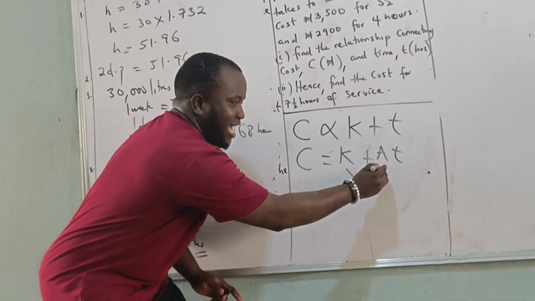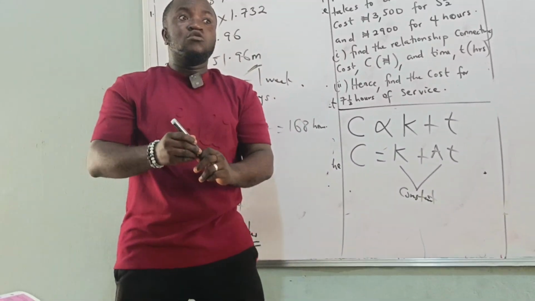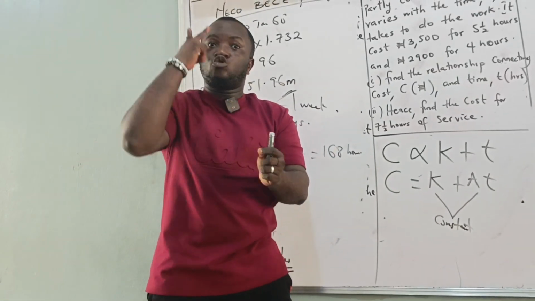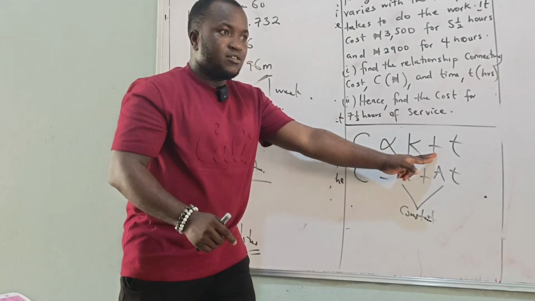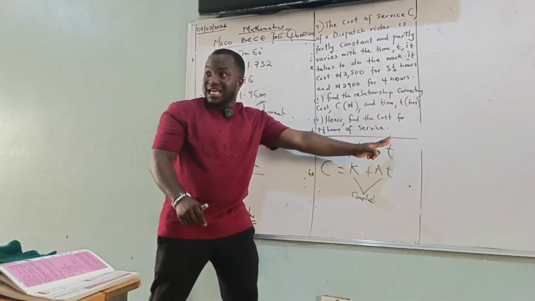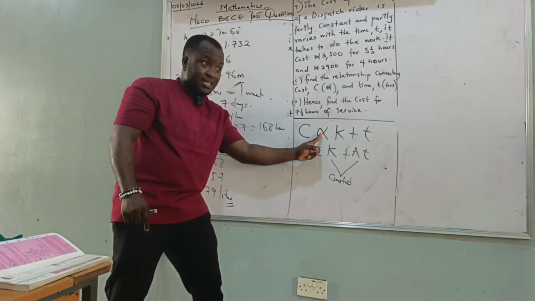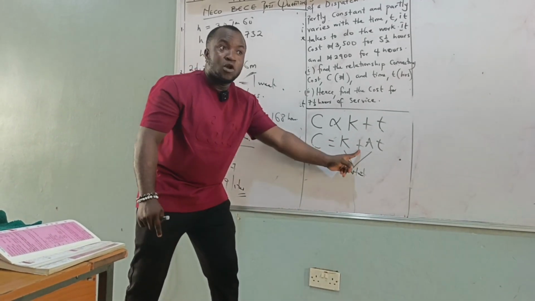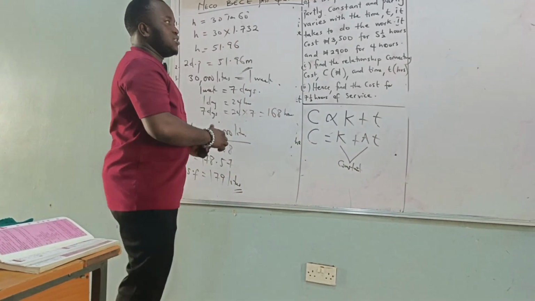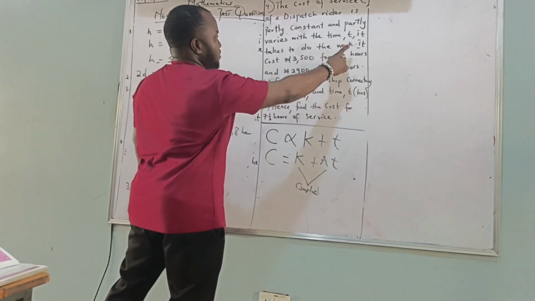Your k and a are the constants in this variation. I told you that in partial variation we have two constants. C is partly constant, which is plus, partly varies as t. Now, you change this variation sign to equal to, and it is going to be C equals k plus at.